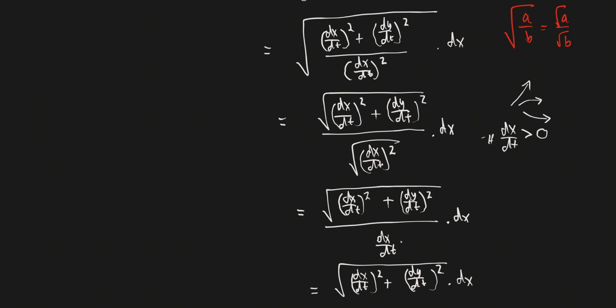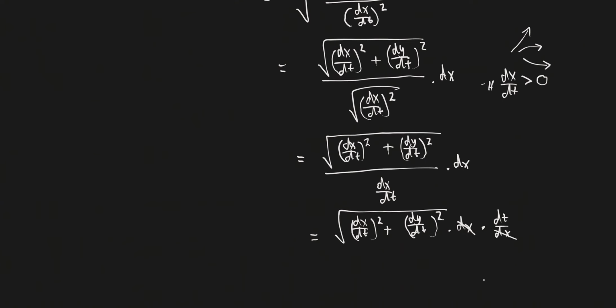But instead of dividing by the quantity dx/dt, I'm going to multiply by the reciprocal. I flip over the dx/dt, and it becomes dt/dx, and what happens is these little differentials go away.